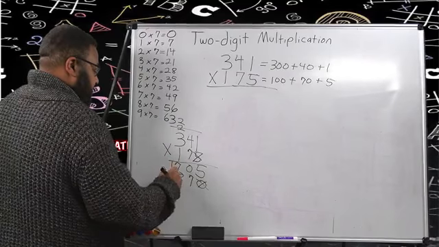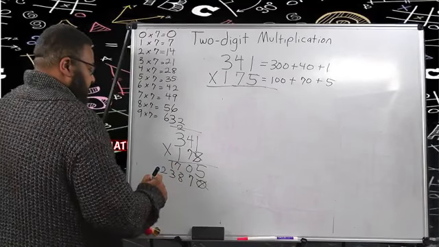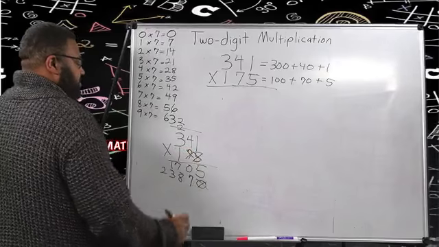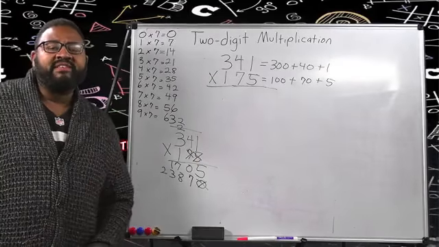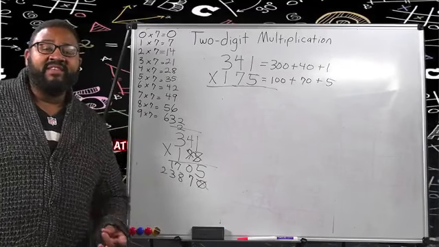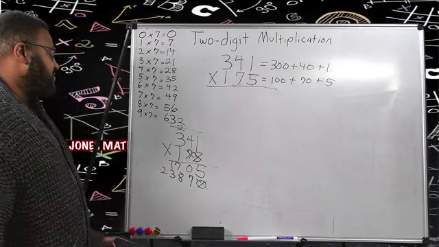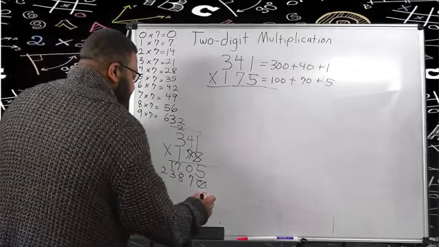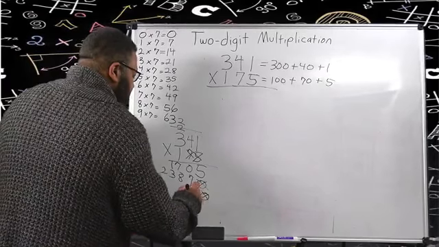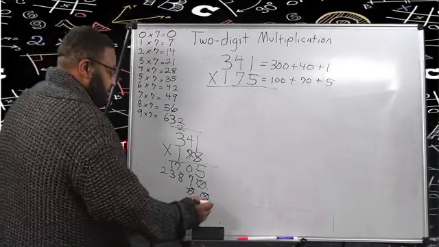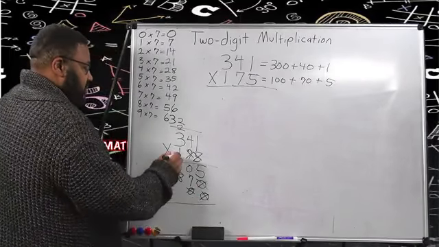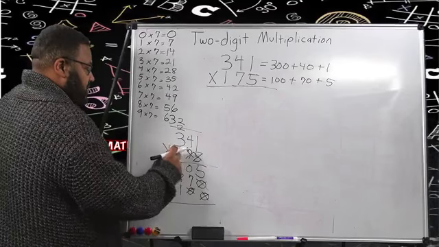Uh-oh, we got a big number here. I'm crossing this out here. Whoa, Mr. Jones, what you just do? I'm done with my ones place now. I'm done with my tens place. But guess what? I have a hundreds place. So this time I'm going to have to put 2 zeros. These are my placeholders here. Now I can go 1 times 1 is 1. 1 times 4 is 4.